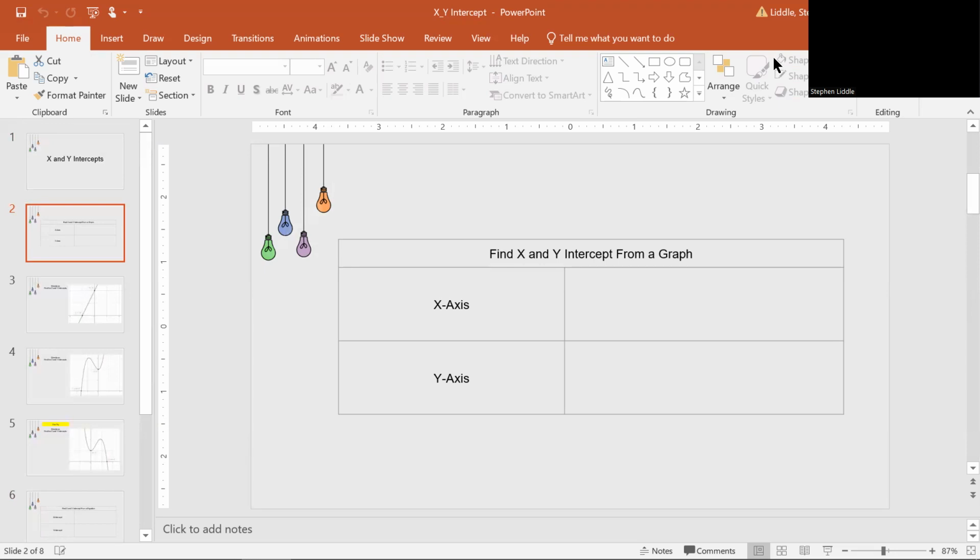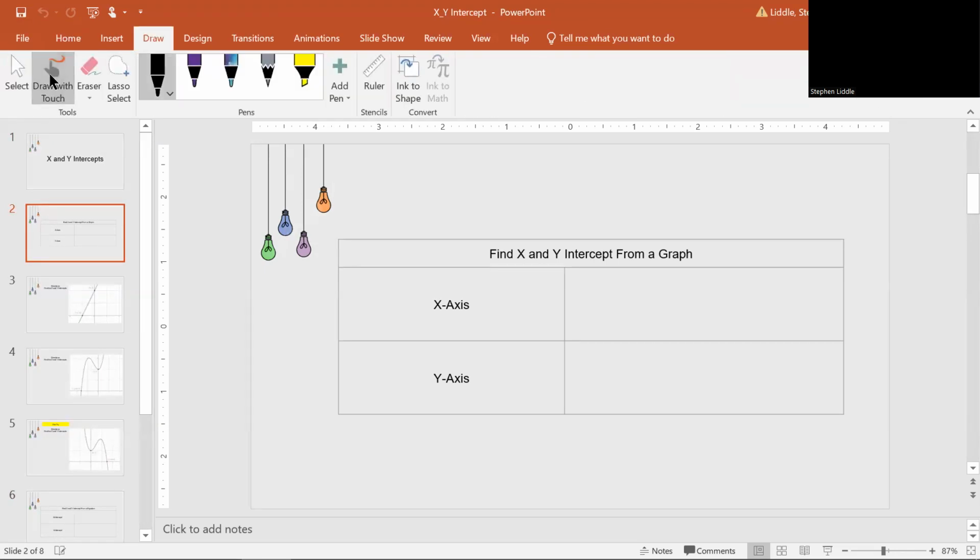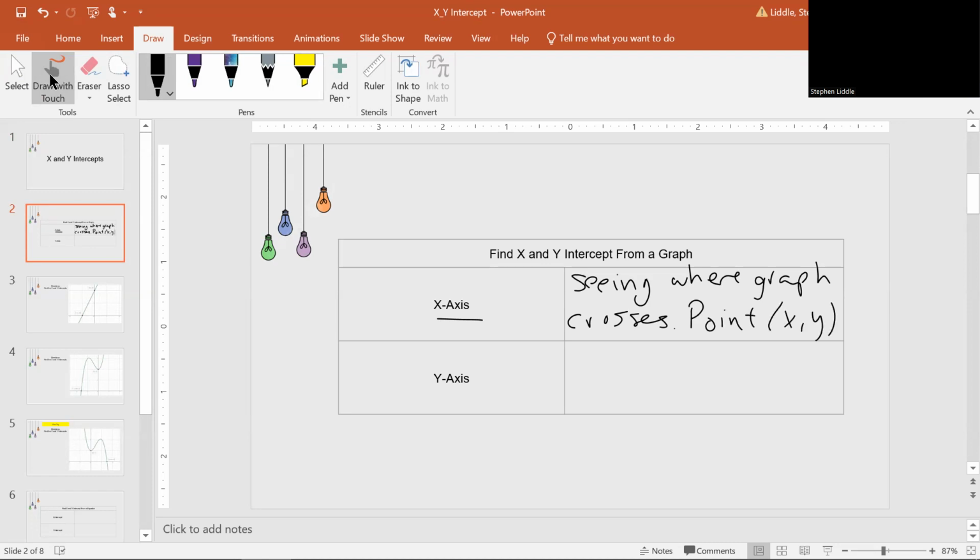All right. So first, we're going to be finding X and Y intercepts from a graph. We're going to be looking at the x-axis and the y-axis. While we are looking at the x-axis, we are first seeing where our graph crosses the x-axis. And then whatever that point is, x comma y, that's going to be our answer.